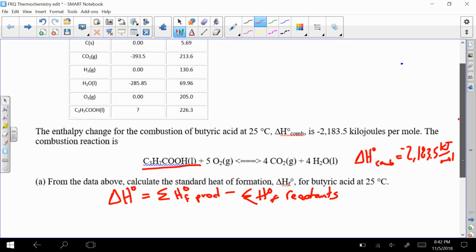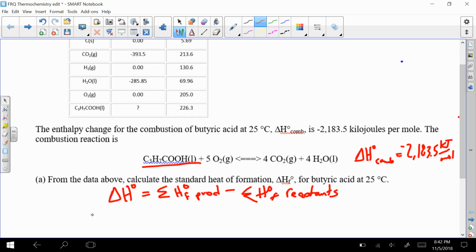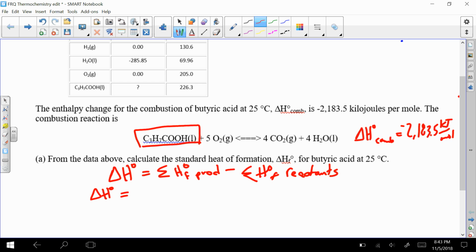Now for this one, we know the enthalpy of the reaction. But what we're doing is we're looking for one of the reactants. We don't know the standard heat of formation for this reactant. And so if we know everything else, we can solve for that.